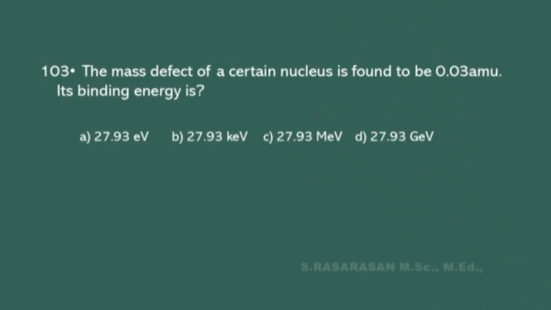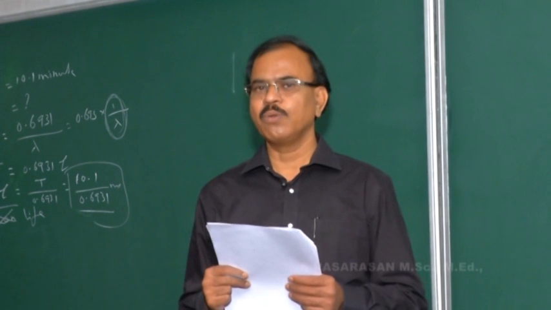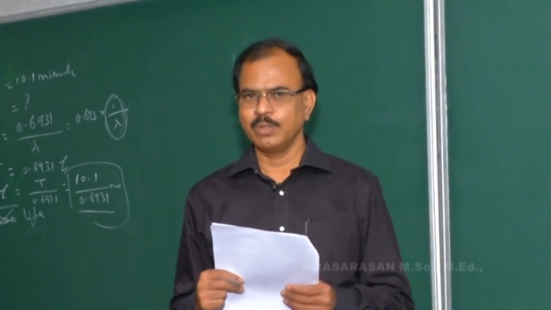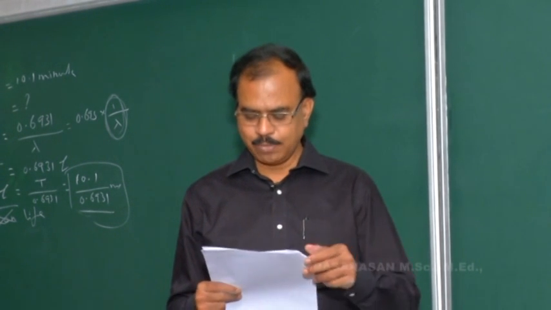103. The mass defect of a certain nucleus is found to be 0.03 AMU, atomic mass unit. Atomic mass unit is defined as 1/12 of the mass of a carbon 12 atom. It is the mass of one nucleon.